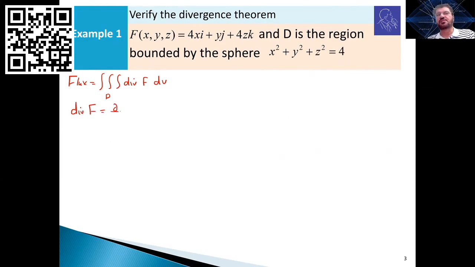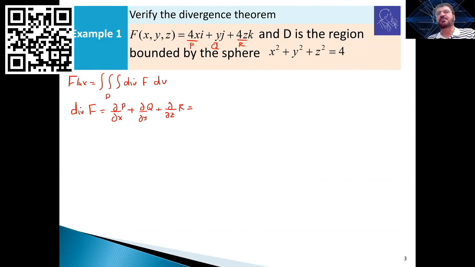It's the partial derivative with respect to x of P plus the partial derivative with respect to y of Q plus the partial derivative with respect to z of R. This is P, this one is Q, and this one is R. So it's a scalar function.